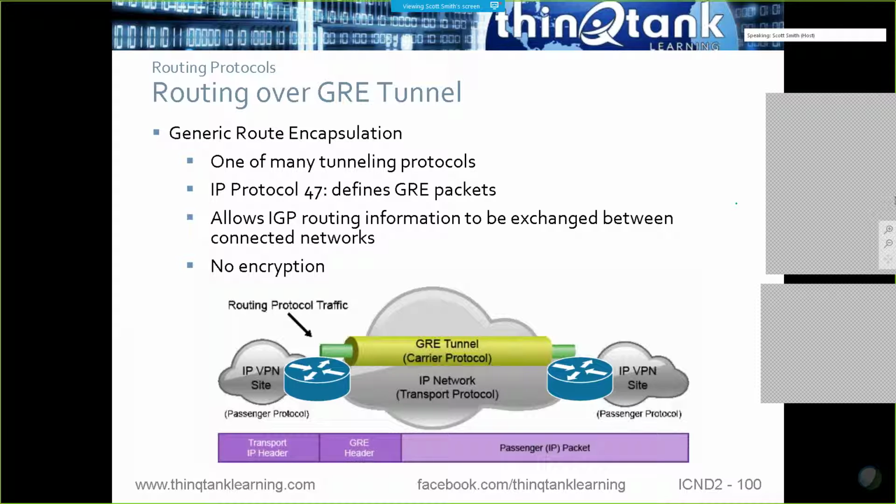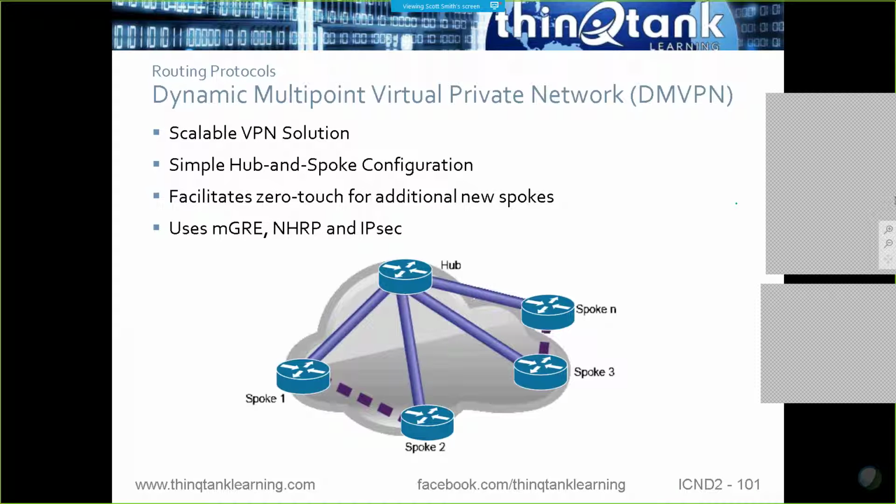A lot of these concepts are kind of high level right now. DMVPN, Dynamic Multipoint Virtual Private Network. Okay? Now what this does is it allows me to interconnect locations over a public domain.